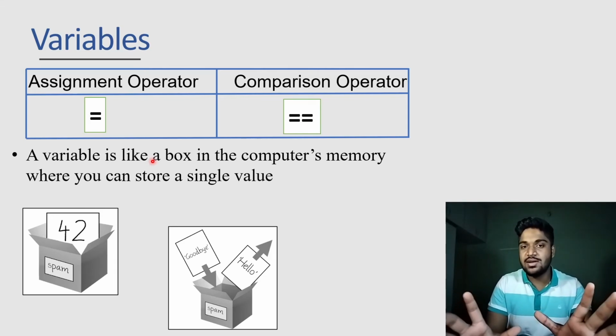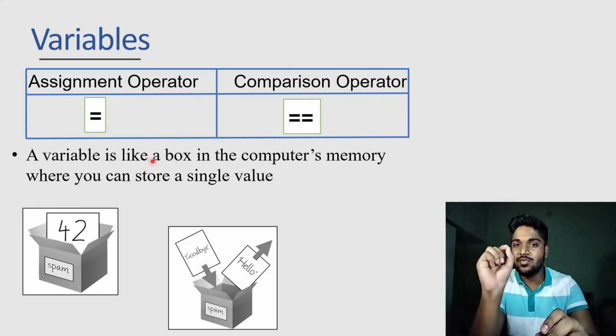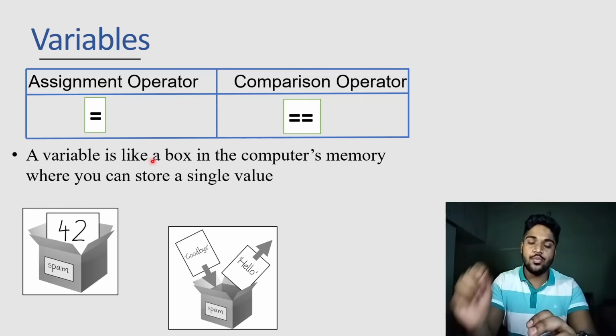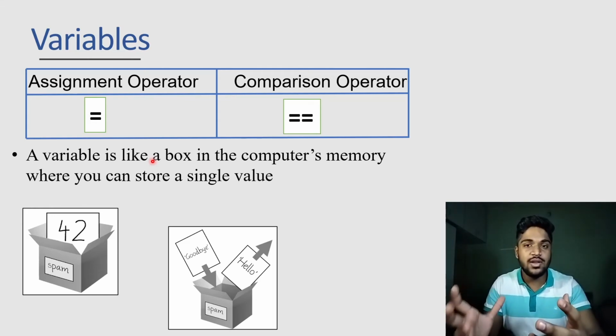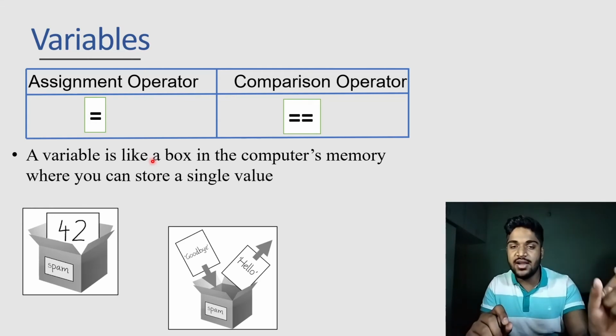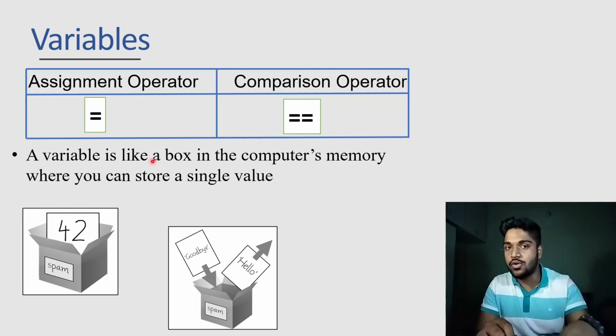So this is how the concept of variable works. The variable is just a small piece of memory inside your computer where you have stored some value. So whenever we want that value, we can recall the name of that variable, and it will give us the whole value present inside that box.